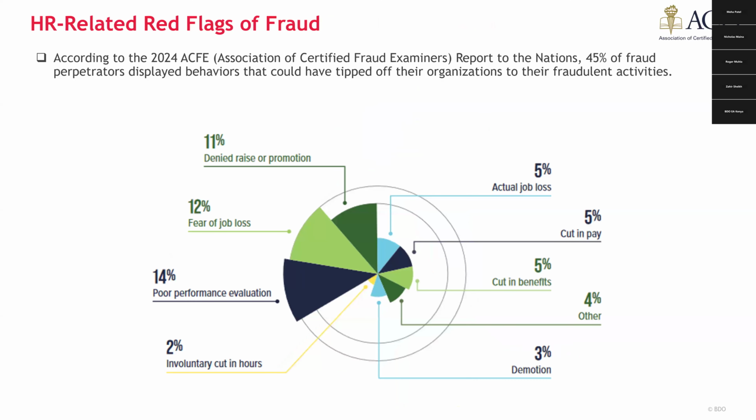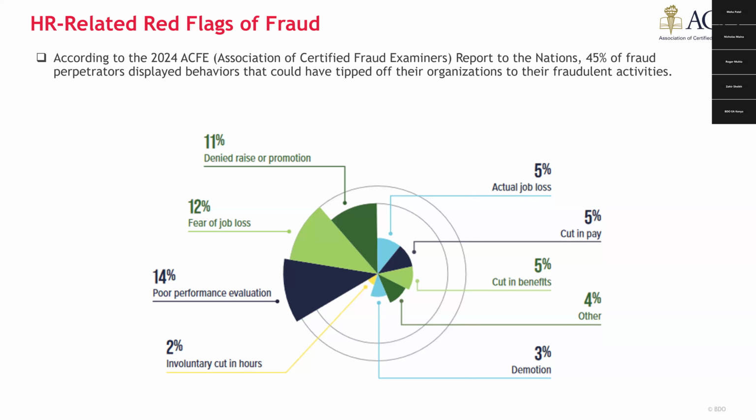Human resources as a department usually plays a pivotal role in maintaining the integrity and ethical standards within an organization. It is important that we recognize these red flags because human resource professionals are the gateways and the first line of defense against unethical behavior, so it is good that we look at these red flags so that we have a clear understanding.